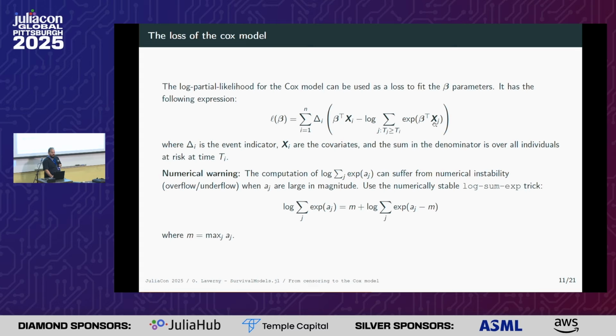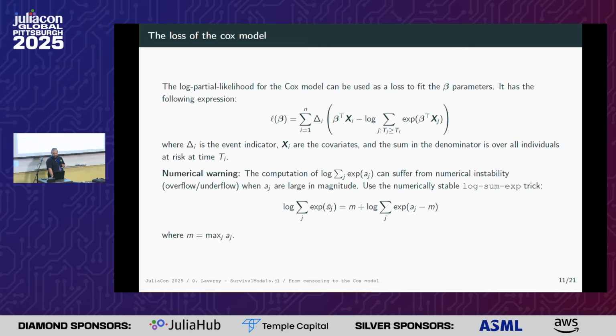So log sum exp, there is a numerical warning to be taken here: the logsumexp operation is known to be unstable. And in fact, there is a way to stabilize it, which is to take the maximum out and to remove the maximum from the inputs.